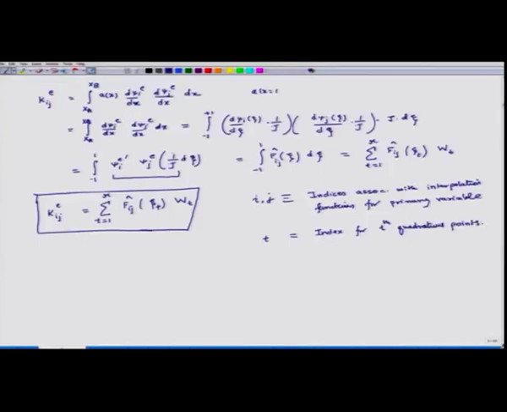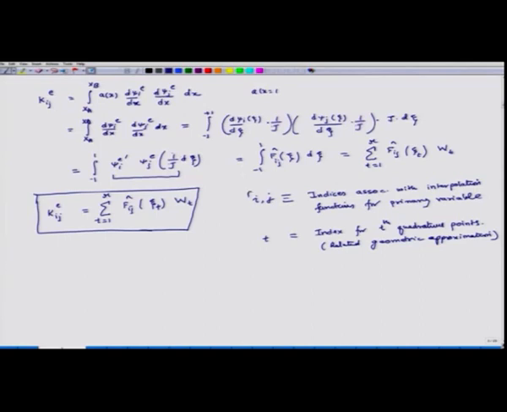This is related to the geometric approximation, right? Index i and j is related to the approximation for the primary variables.